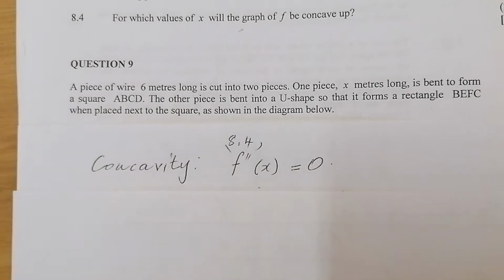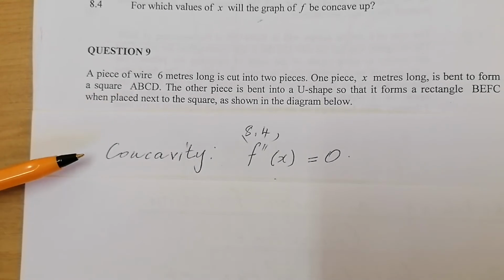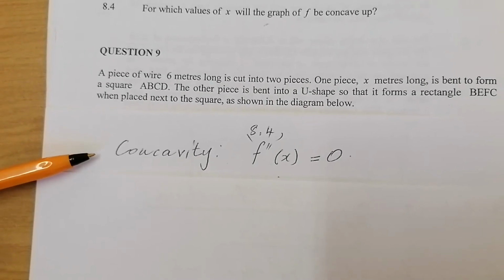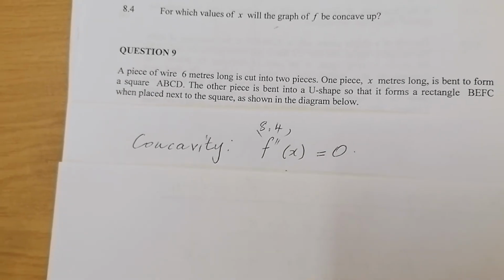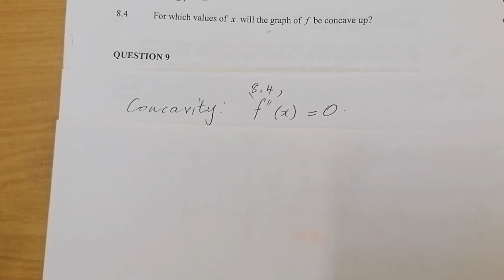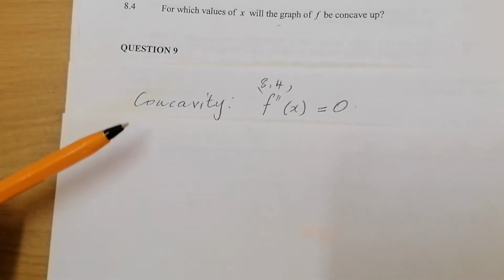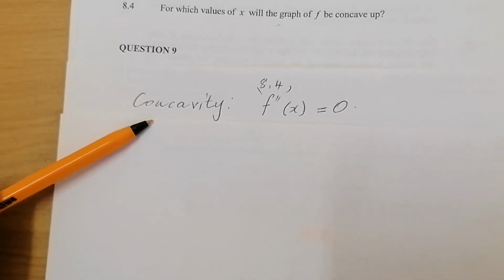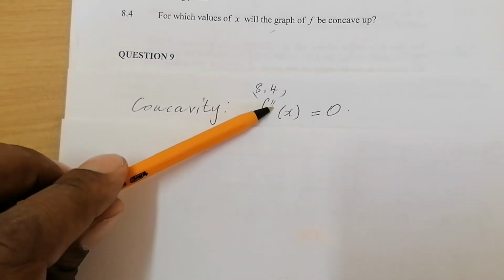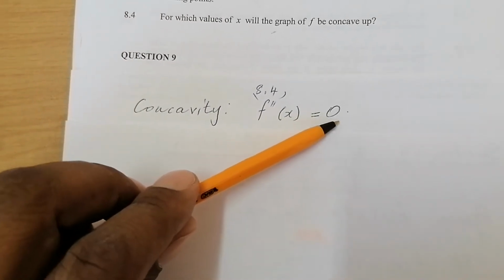Folks, as I said earlier on, please master your mathematical concepts. In this case, you need to revisit that video where I am doing the cubic function components. If you talk about concavity, what comes to mind is the point of inflection. And the point of inflection is where the second derivative of f with respect to x is equal to 0.